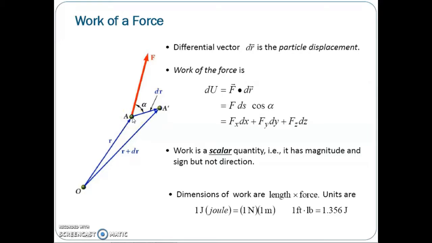And if we assume that a force F is acting on the particle itself, then the work of the force F corresponding to the displacement dr is defined as the quantity dU equals F dot dr. It's actually the scalar product of the force F and the displacement dr.